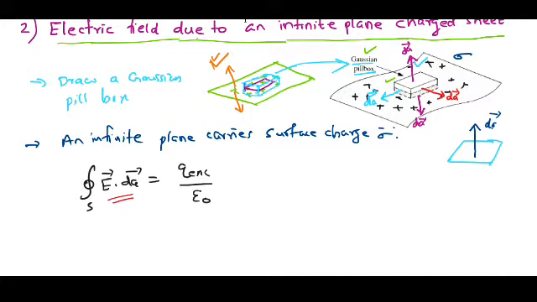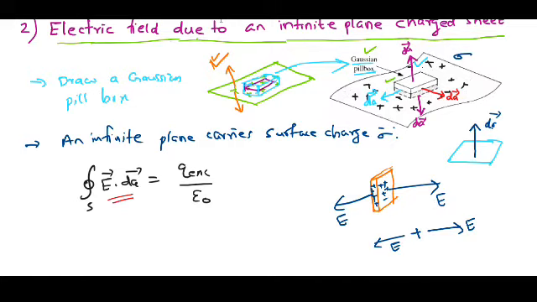That is, if I have a sheet like this, and it contains positive charge, then this will be the direction of the electric field, because if you have a positive charge like this, electric field will be emerging away from the charge.